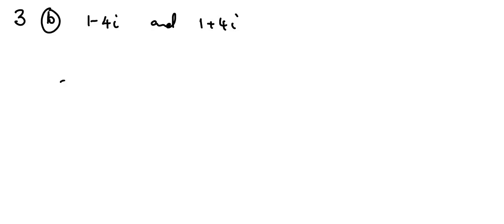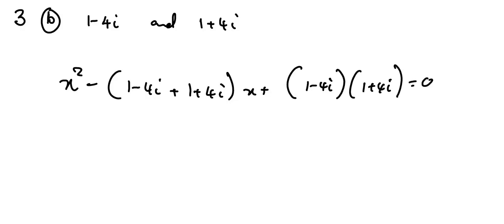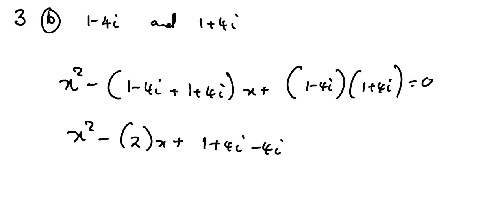So we'll just say x squared minus, you sum them up, 1 minus 4i plus 1 plus 4i, x, then plus. This side you multiply them. 1 plus 4i is equal to 0. So this will just be a 2x, then plus, this will be 1 plus 4i minus 4i.